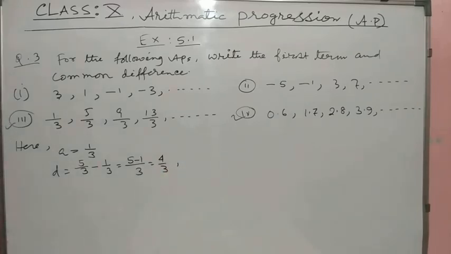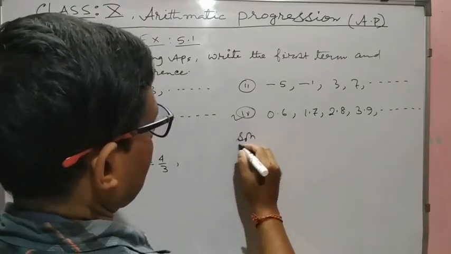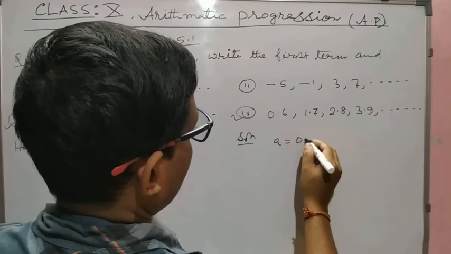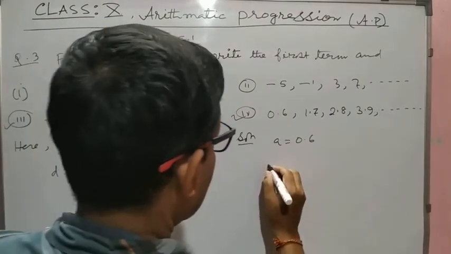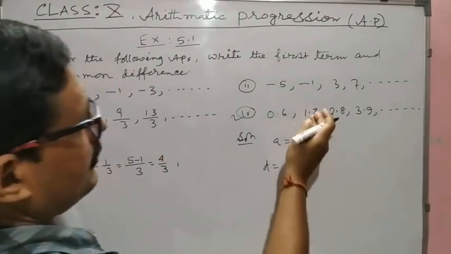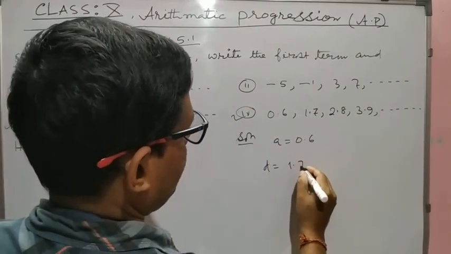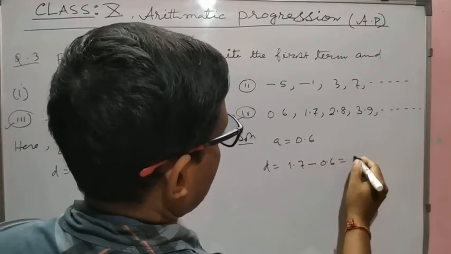That is the common difference. Here in this question, see this question, here first term equal to 0.6. Correct? And common difference equal to second term minus first term, we get 1.1.